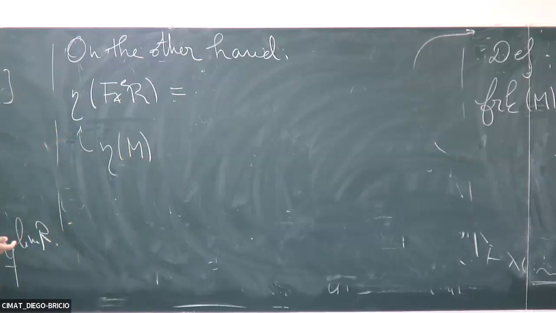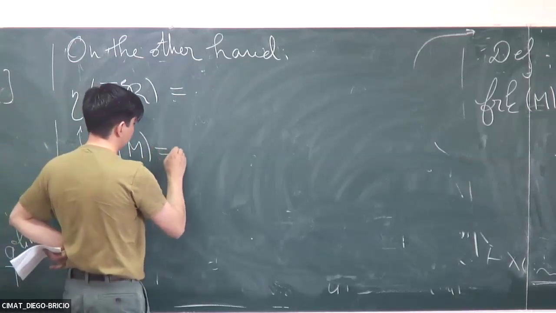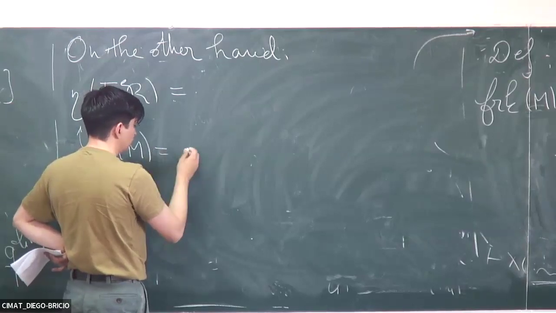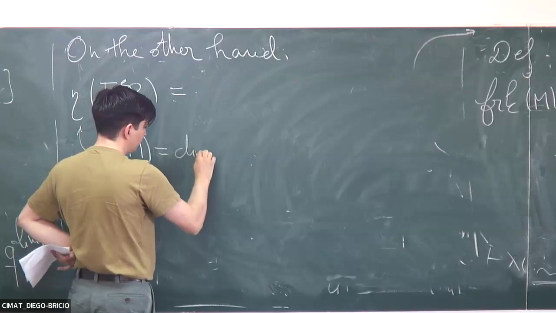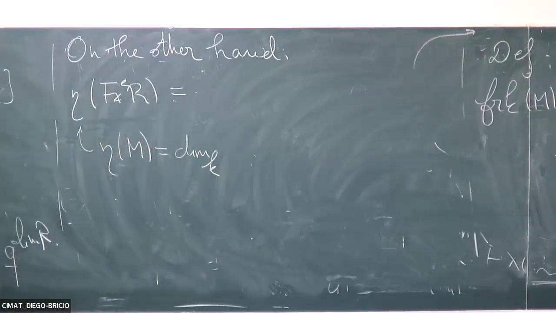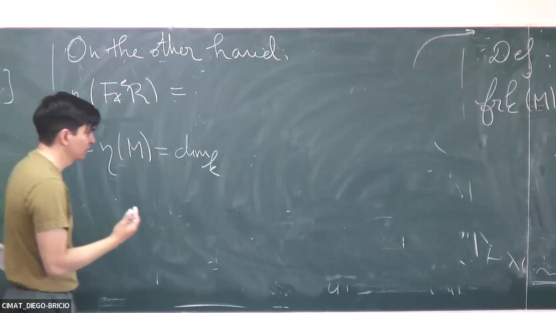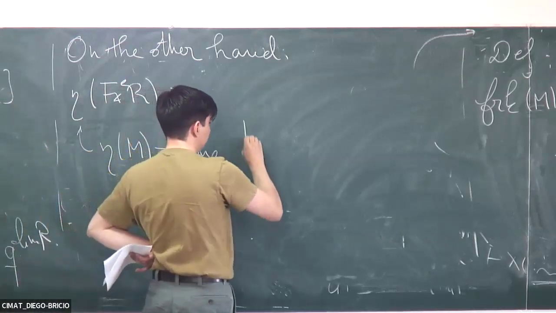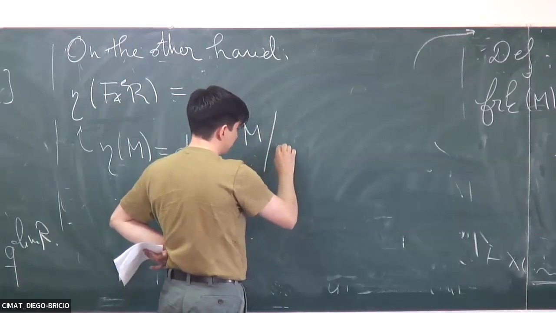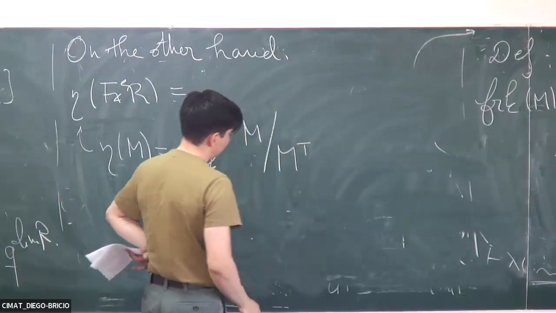To compute this, what you can do is the following. This is going to be equal to the dimension of the following vector space. And here you can replace dimension over k by length of module. So you take M, and you take the quotient of M by something that in the notes I denote like this.